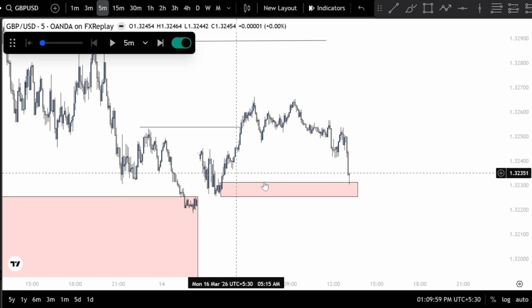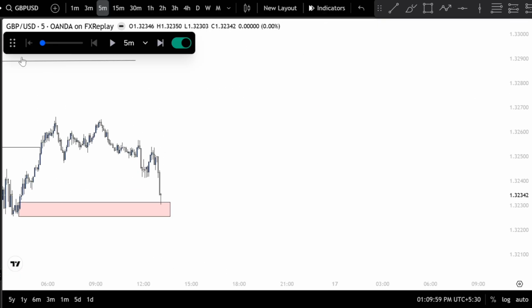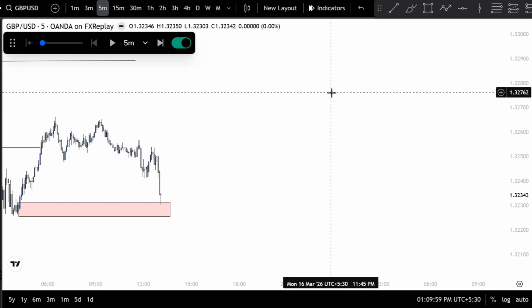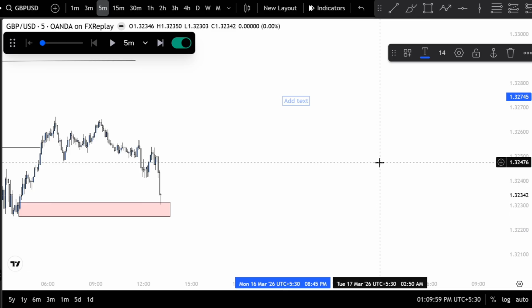So we have a market structure shift. Let me just do one thing for you guys. One, we have market structure shift confirmed. Two, body closed above the high. Third, we have displacement.